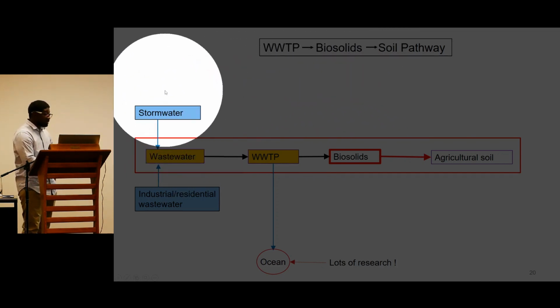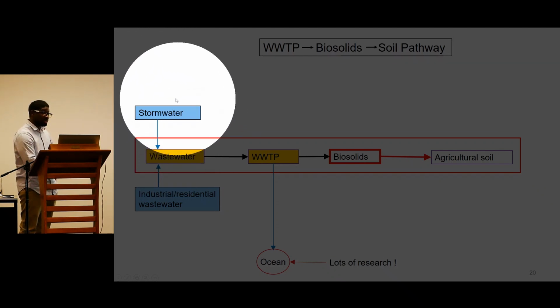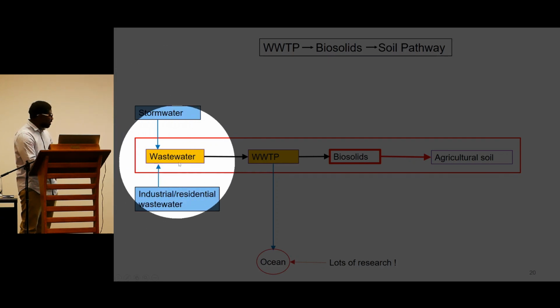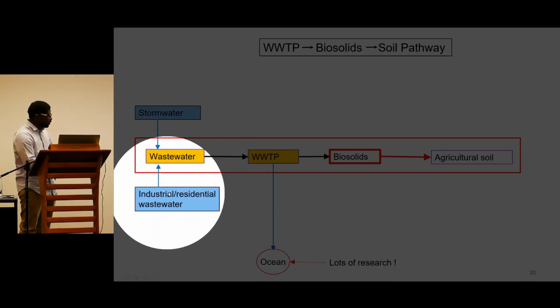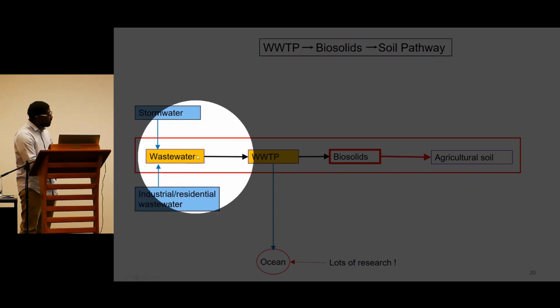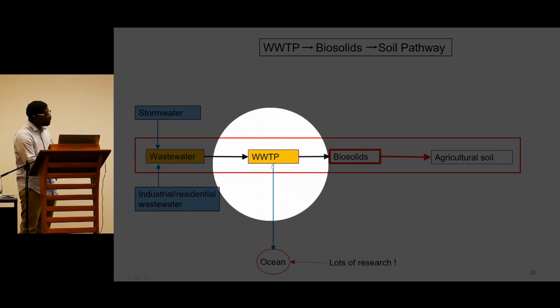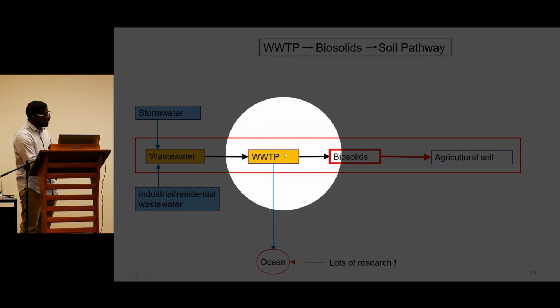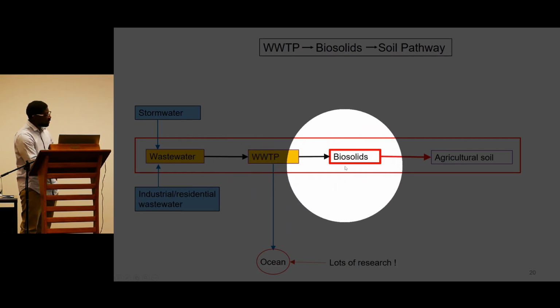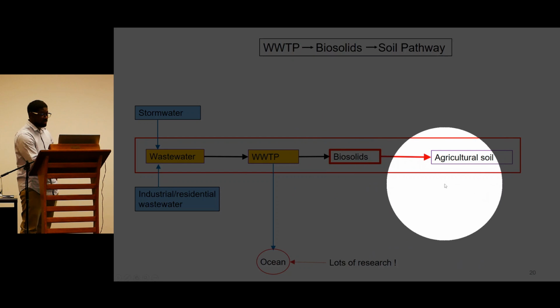So this is the stormwater that I spoke about, carrying the microplastics in the environment, and it becomes part of the wastewater. Industry and residential wastewater also become part of it. And then it heads down to the wastewater treatment plants. The treatment process is able to remove most of the particles, so they are concentrated in the solid waste, which is further treated to become biosolids and then reused on agricultural soil.